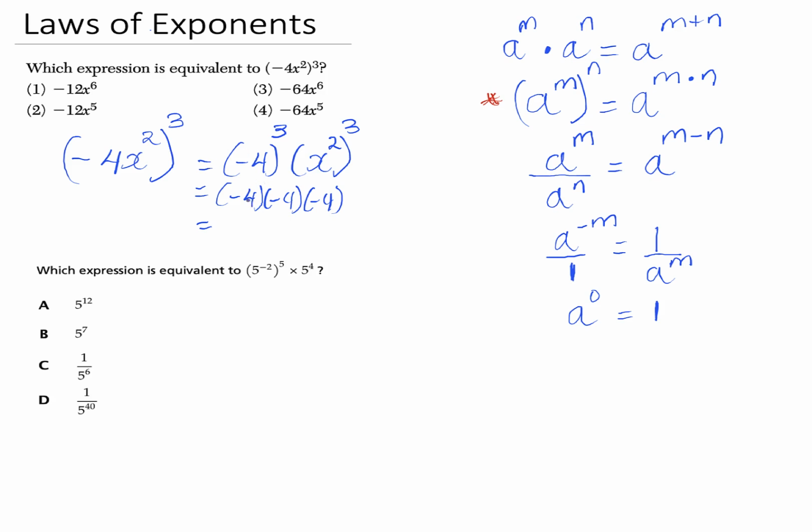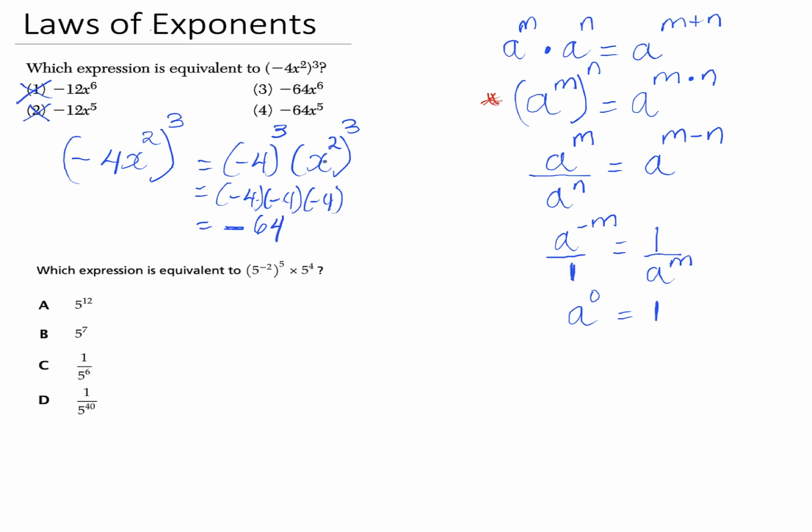If you take negative 4 and multiply it by negative 4 and multiply it by negative 4, because it's an odd number of negatives, your answer will be negative. But then you have to figure out what will be your answer. Clearly, it's not going to be 12 because if you do 4 times 4, that gives you 16. So your answer is not 1 or 2. Notice I didn't even have to get a calculator. This is going to be 64 because it's certainly not 12.